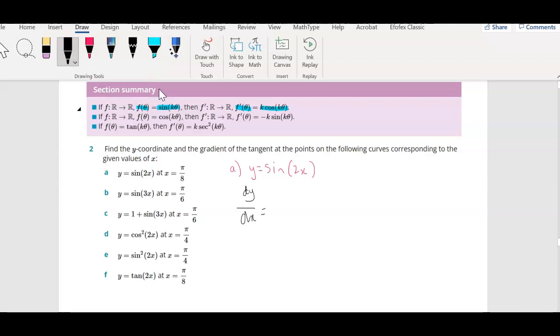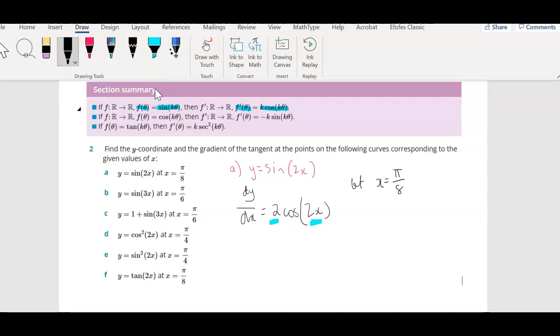So the derivative of sine 2x becomes 2 cos 2x. The value of k in sine 2x is 2, so we take that 2 to the front of the cos, and the inside of the brackets just stays 2x.